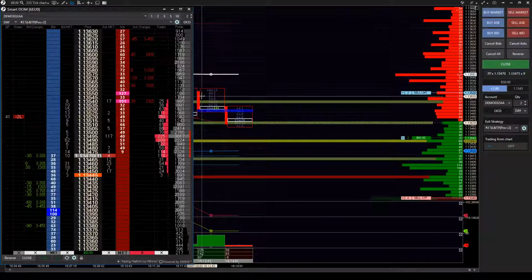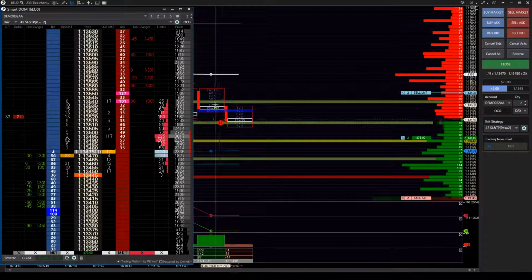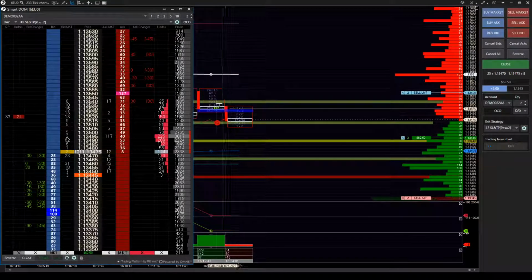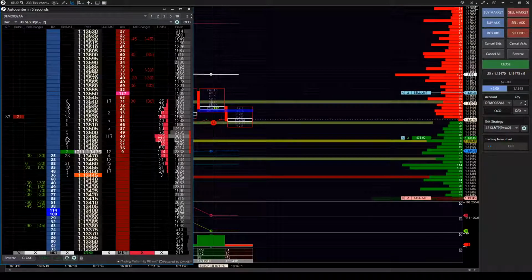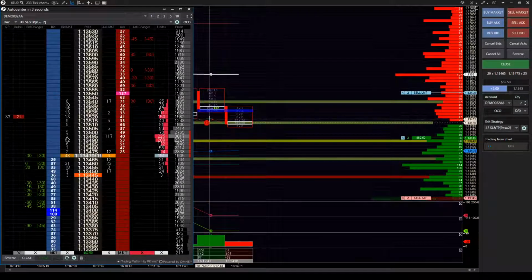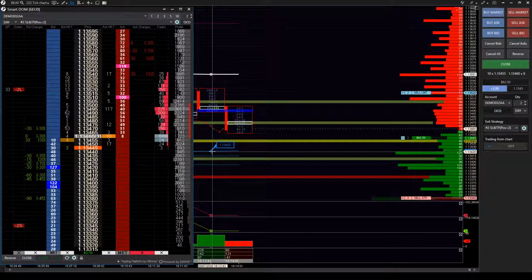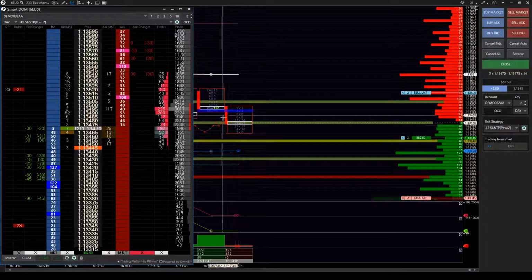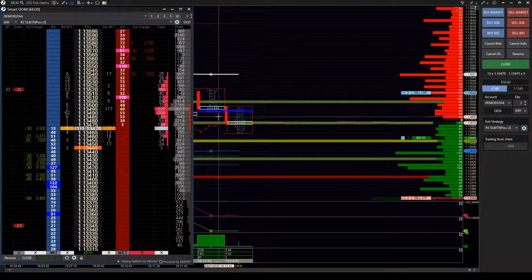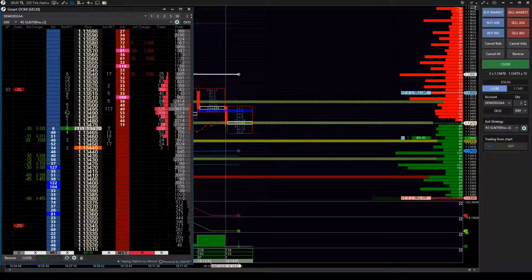We can see some buyers here enter with a lot of contracts, but they didn't move the price up. That's not a very good sign, because the market didn't react as we expected when we see this kind of buying.